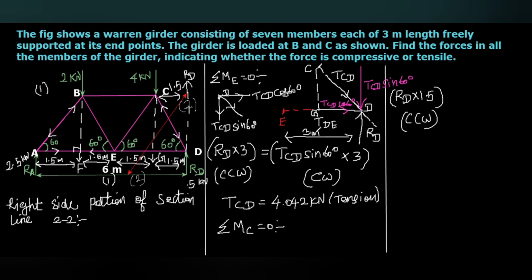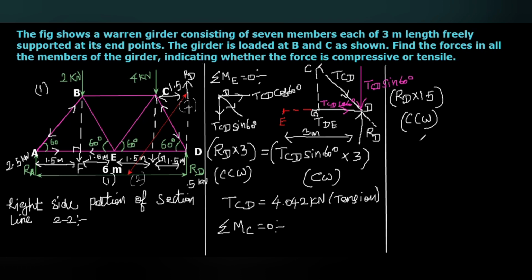In case TDE is acting inwards to D, for example, then with respect to the point C, the TDE will act in this direction. The moment made by this one is also in counterclockwise direction, TDE into the CG, which cannot balance this counterclockwise moment.